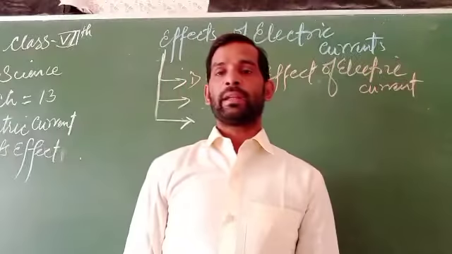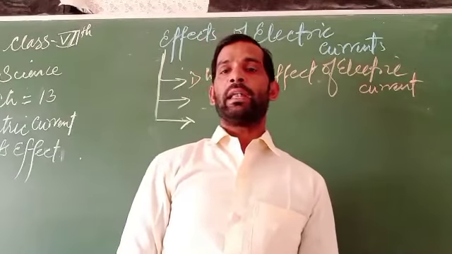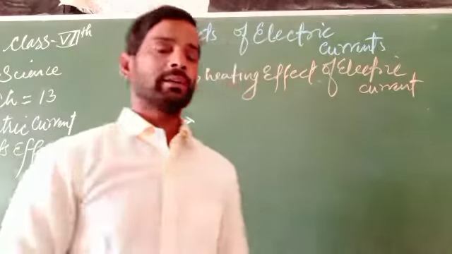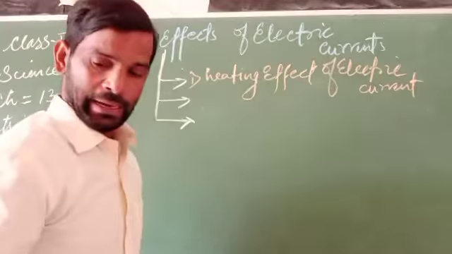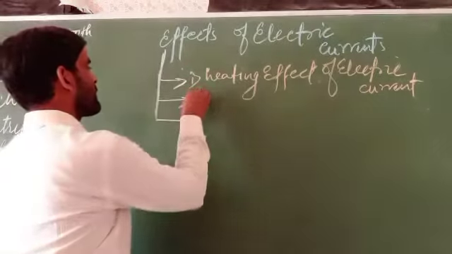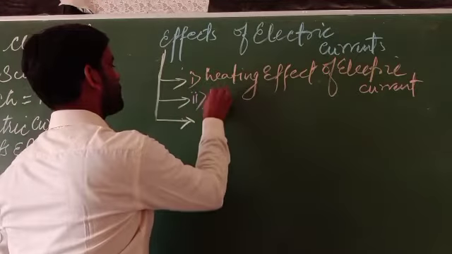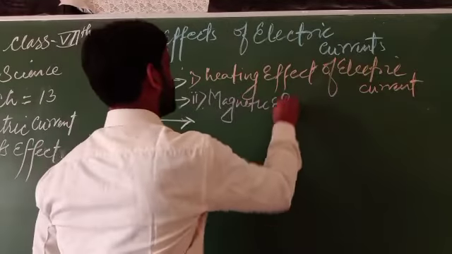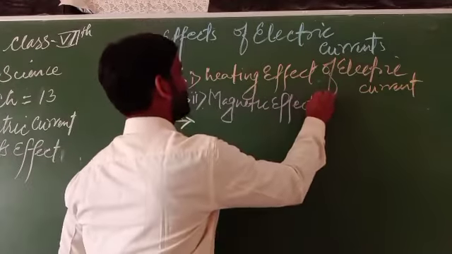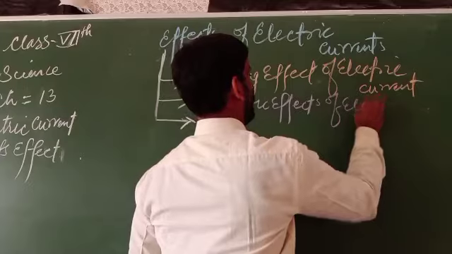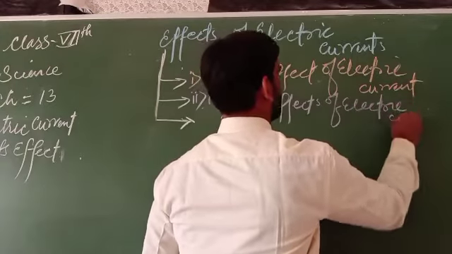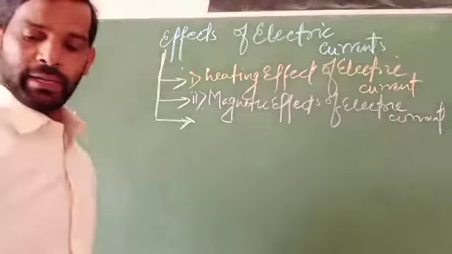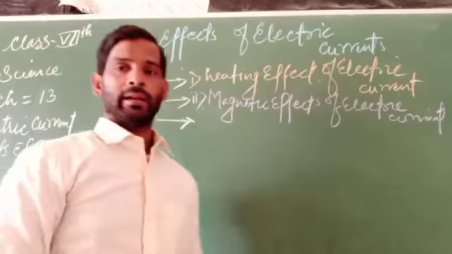So when the continuous electric supply goes to our object, it behaves like a magnet. This is called the second one, the magnetic effect of an electric current.